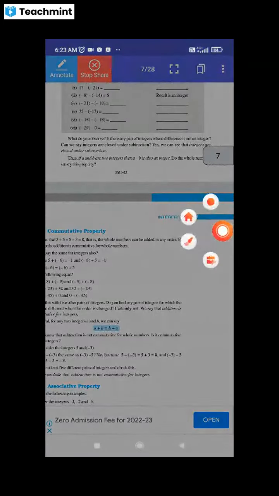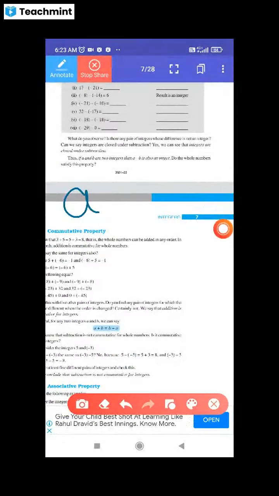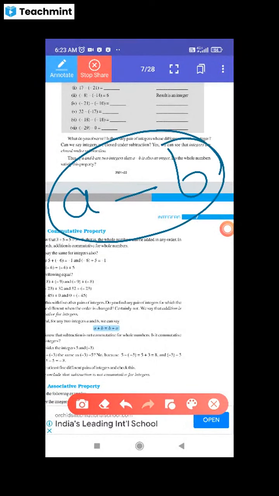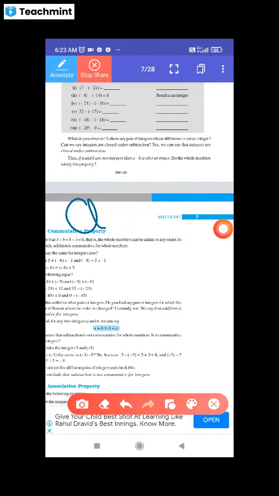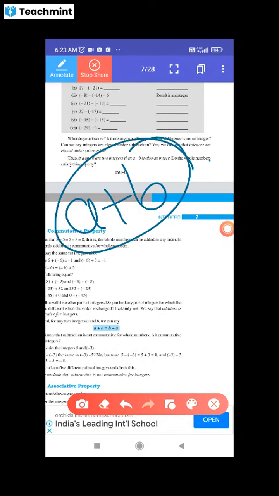Here is the general formula: a is an integer and b is also an integer. After subtracting these two, a minus b, again you will get an integer. Understood? So you must remember: a plus b belongs to integers. This is under closure property.